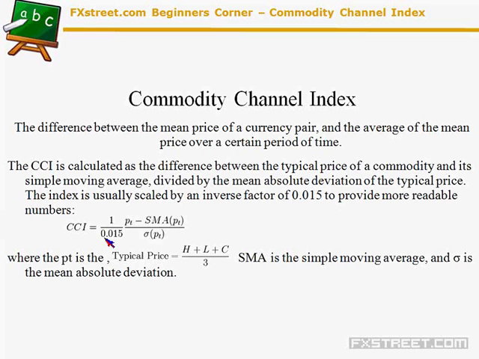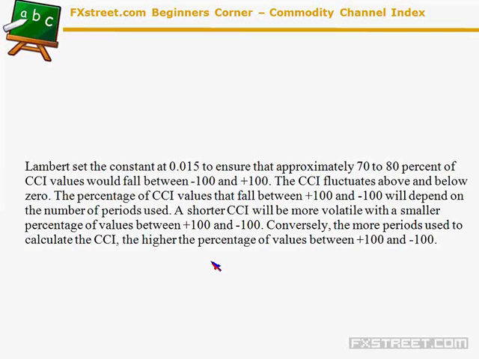Well, as you may see, this is the formula of this Commodity Channel Index, where PT is typical price, the average price. And the simple moving average in here is the average of that typical price, and then the mean absolute deviation, sorry. Okay? In the beginning, Lambert set the constant at 0.015 to be sure that approximately 70 to 80% of the time, the CCI values would fall between minus 100 and plus 100, right?